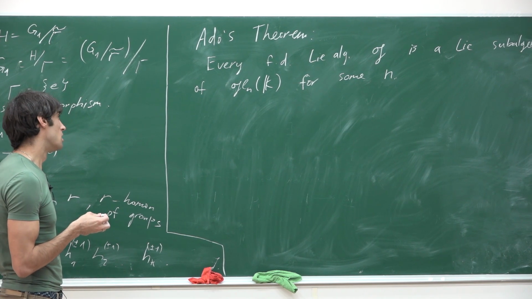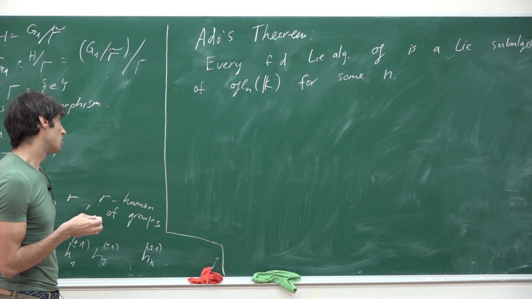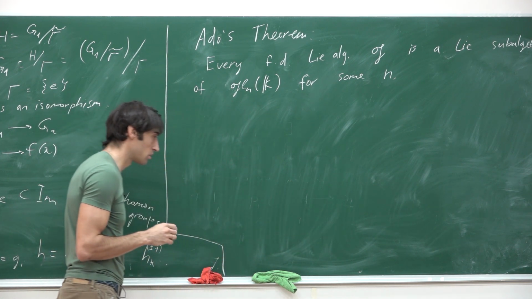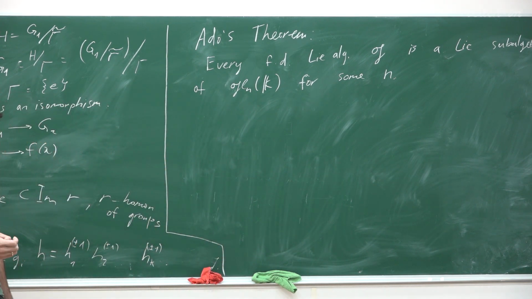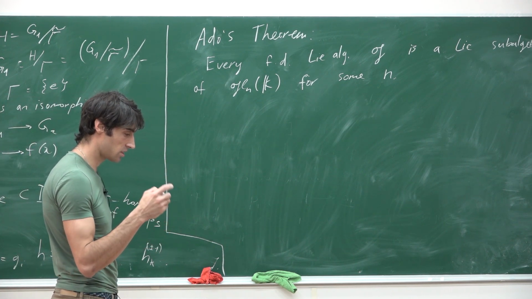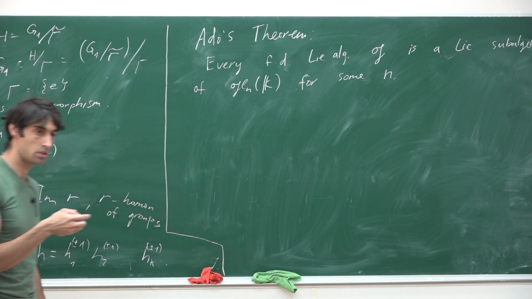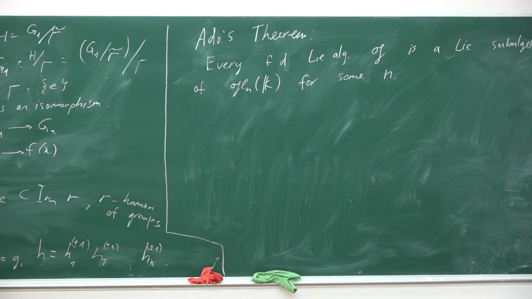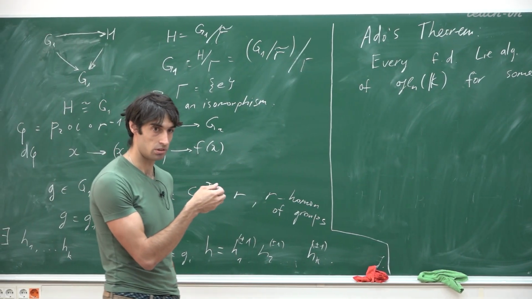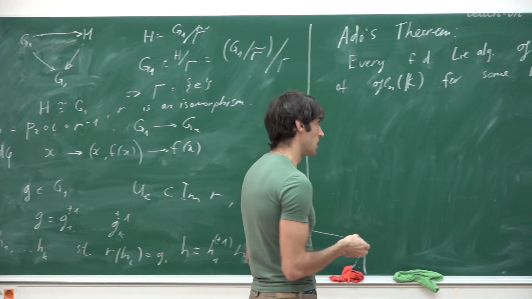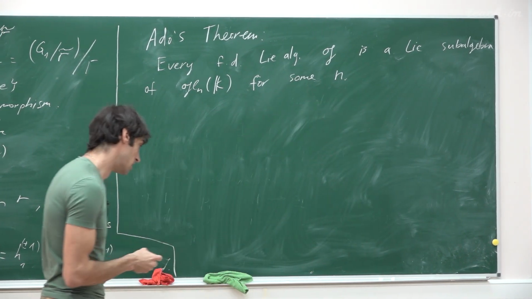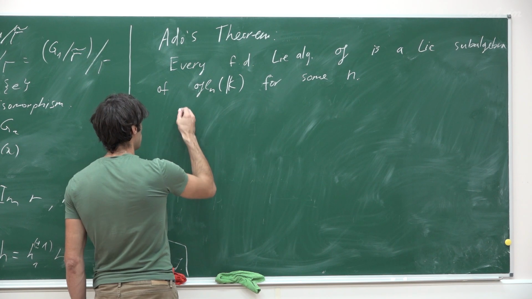So maybe further in the course I can comment when we'll be ready, when we know all the notions. For example, it follows, not easily, from what's called Levi's decomposition, which says that every Lie algebra is a semi-direct sum of its radical, which is the maximal solvable ideal, and a semi-simple Lie algebra.